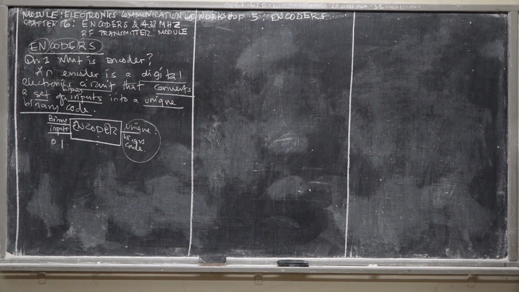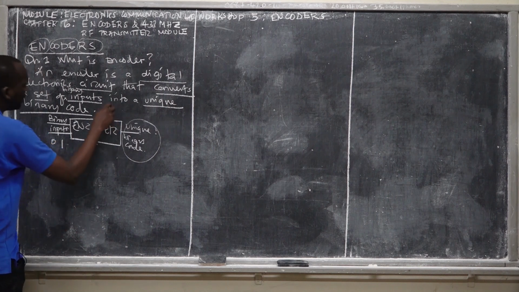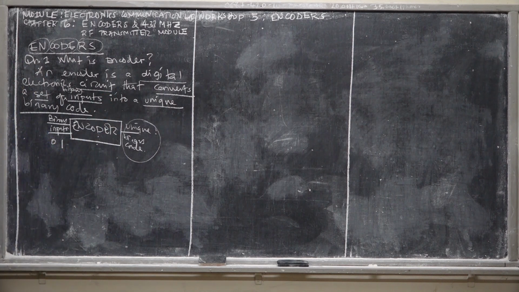When we say unique, regardless of how many information signals we have, the encoder has the ability to provide a unique code for each.